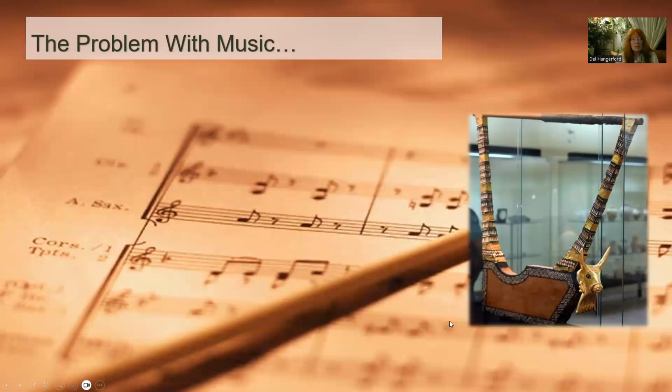Here's the problem with music. Before we go into showing the rest of it, this instrument over here is a silver lyre from about 1,000 years before the time of David in the Bible, and it is in the British Museum. Richard Dumbrill is the name of the man who works with this lyre and has figured out how to tune it.